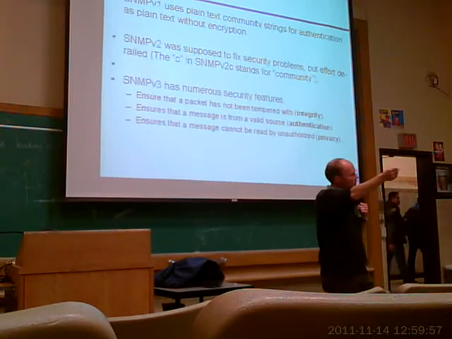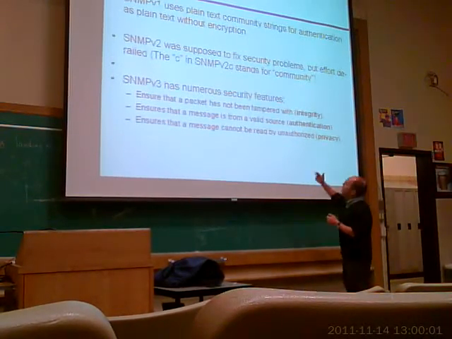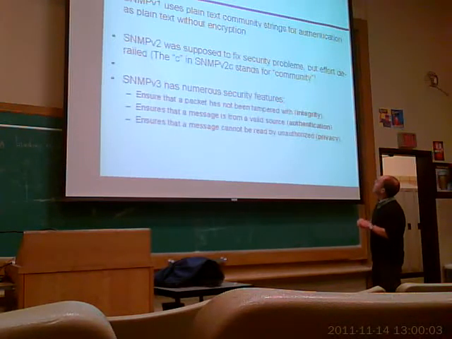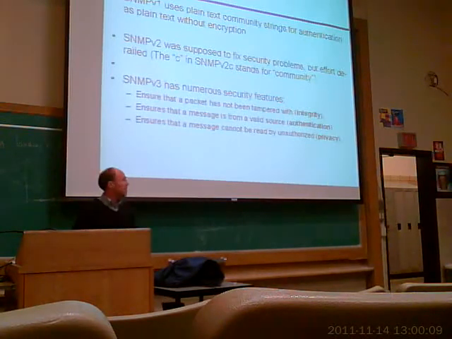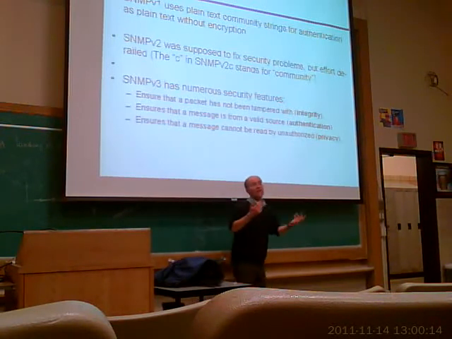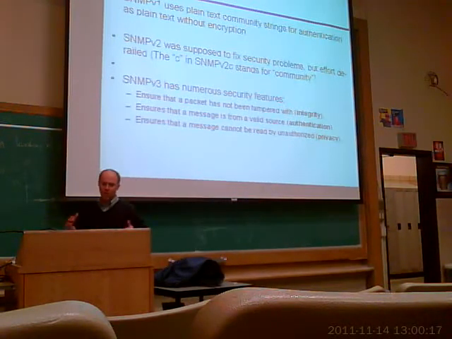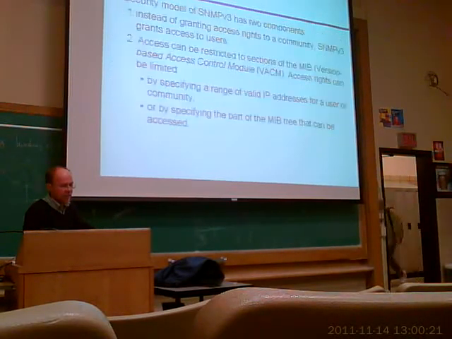Then essentially public-private key type of encryption. Authentication can also be done with a digital signature, and then privacy encrypts the payload, so it cannot be read. And that's pretty much it.